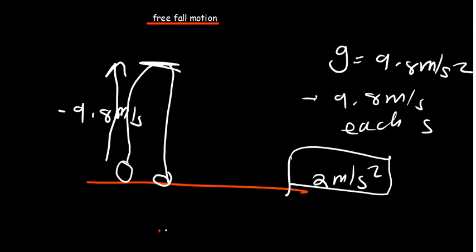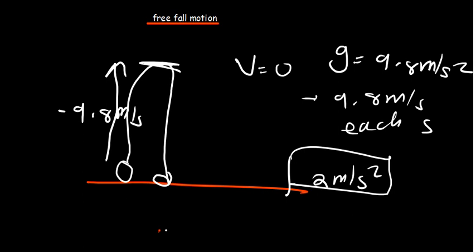Now, you are going to reach a certain point where the velocity is going to be 0. Meaning, if something is not moving, the velocity is 0. Or a car started from rest, meaning started from 0. So the moment when the velocity is reduced until it reaches 0, we have reached the maximum height.